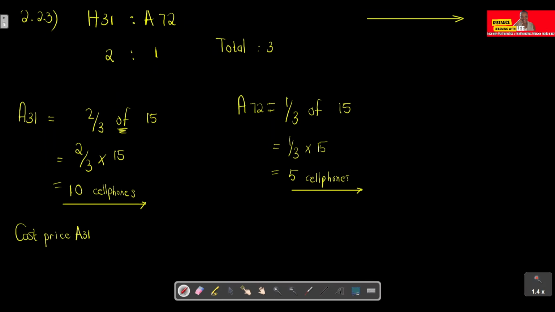Then we determine the cost price for the A72, and from there we multiply it by 5 to get the cost price for the 5 A72 cell phones.